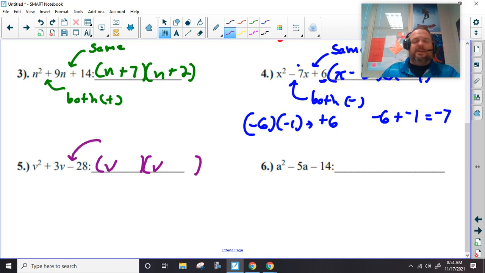This negative in front of the 28 tells us our signs are different. Okay. This positive in front of 3 tells us what? If they're different, how can they both be positive?